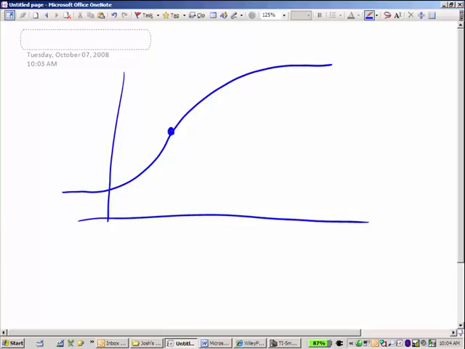So this point right here is called a point of inflection, because we stopped going concave up, and now we're starting to go concave down. And if you're running your business, the point of inflection is really important, because it tells you when to slow up on production. If you keep making Tamagotchis or hula hoops at the rate that you were before, you're going to have warehouses full of them.